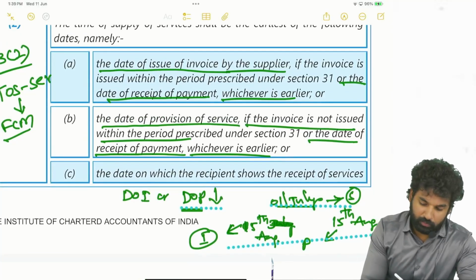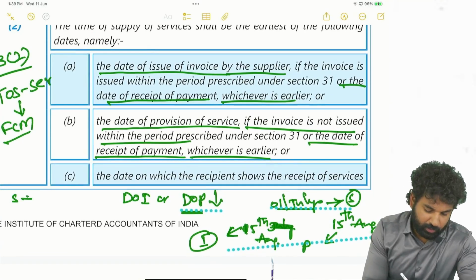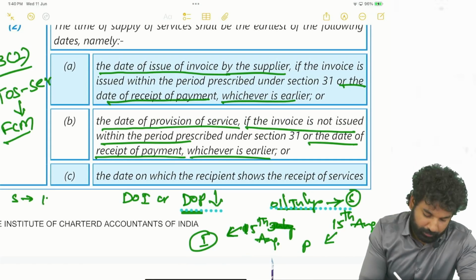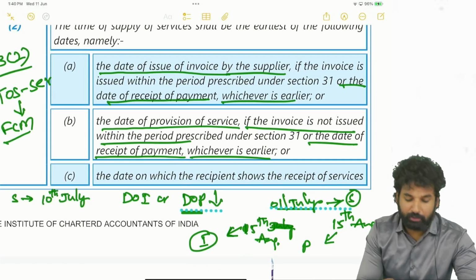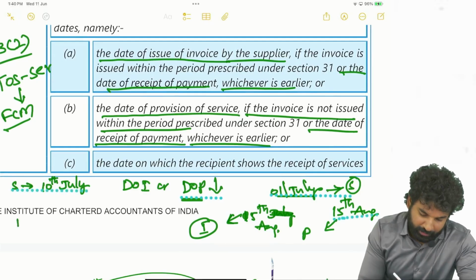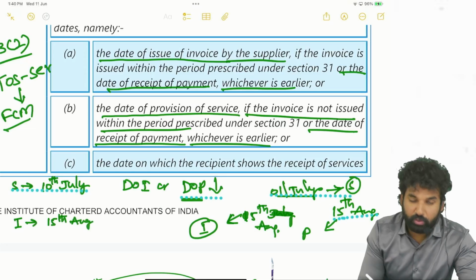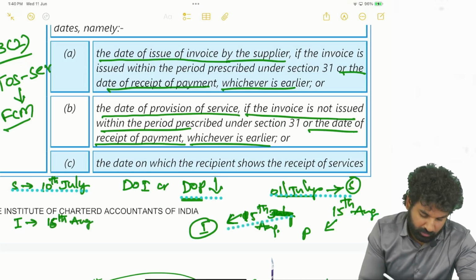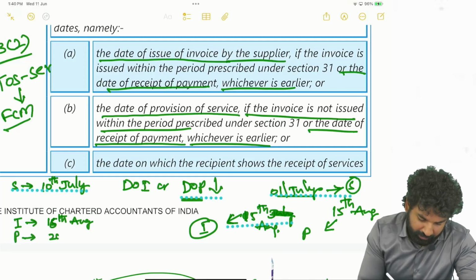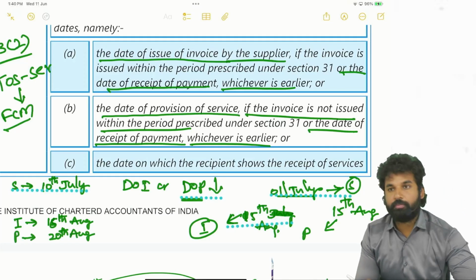See, supply made on 10th July. Invoice issued on 15th August or 16th August. Next, payment made on 20th August.